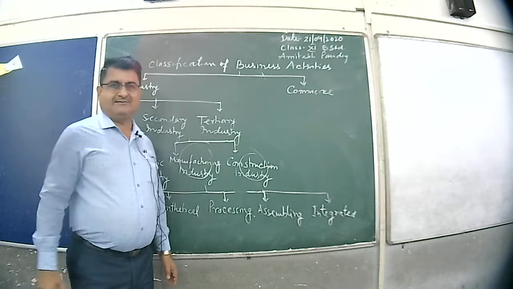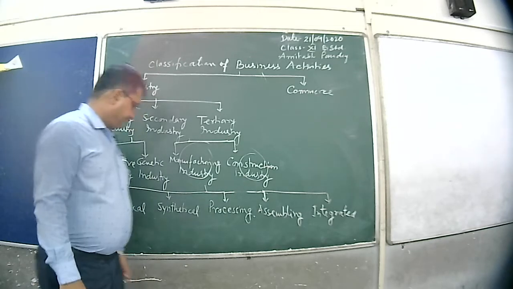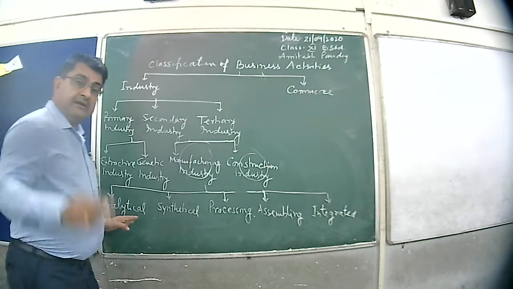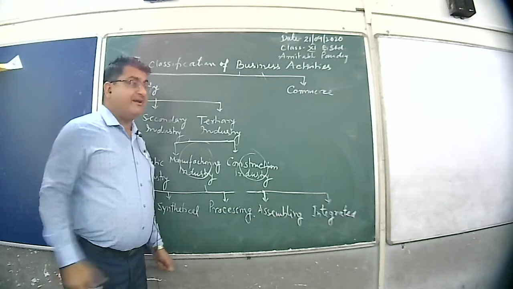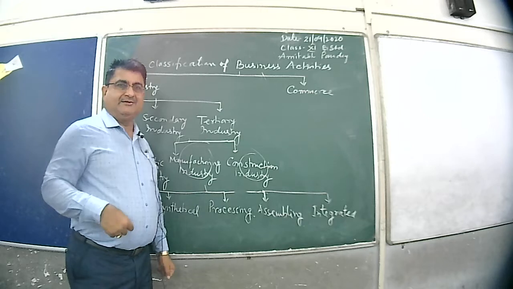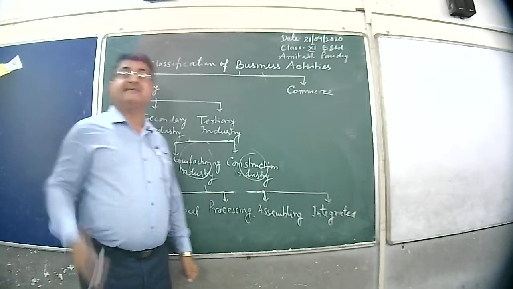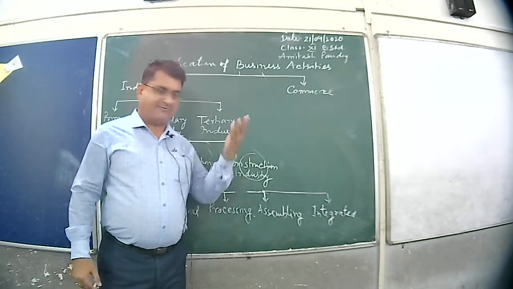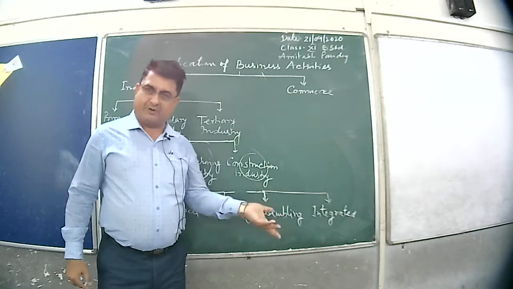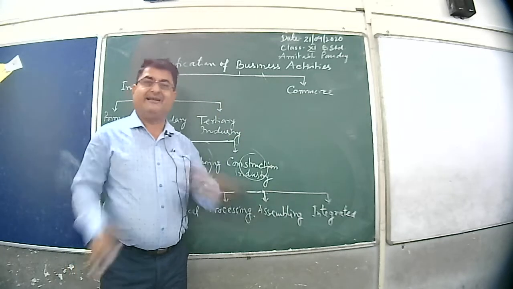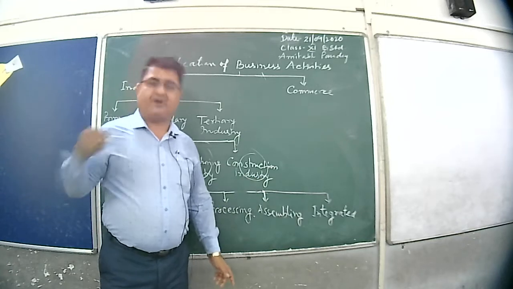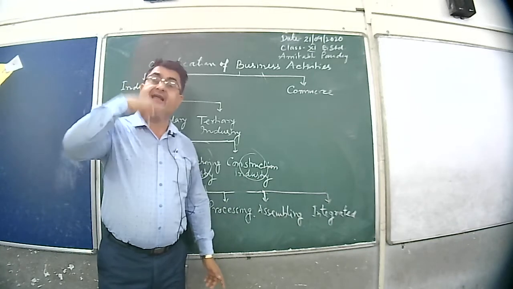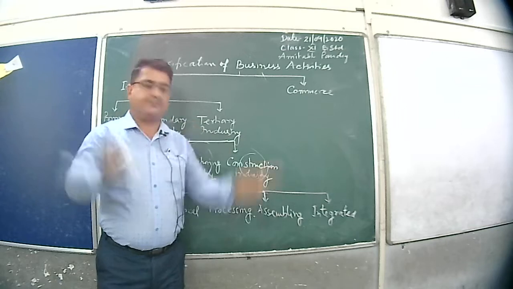Take for example crude oil. When crude oil gets analyzed, you have a variety of products obtained. For example, you have coal tar, petrol, diesel, gasoline, etc., including CNG. So this is the analytical process, analysis of one input into a variety of outputs.